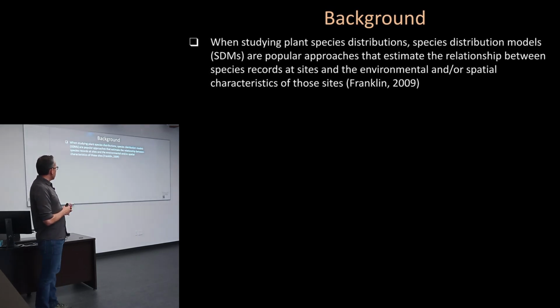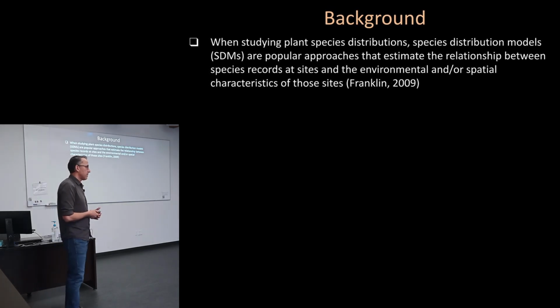Particularly speaking about the models and the approaches to study these types of processes, there has been a lot of research using species distribution models, which are basically mathematical, quantitative approaches that can help us estimate the relationships between the presence of these organisms and their environmental context.